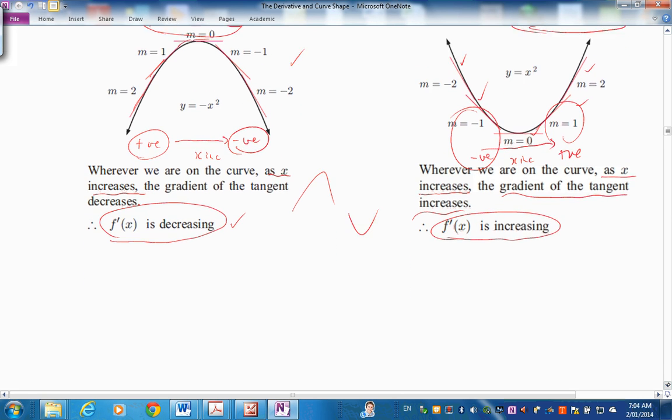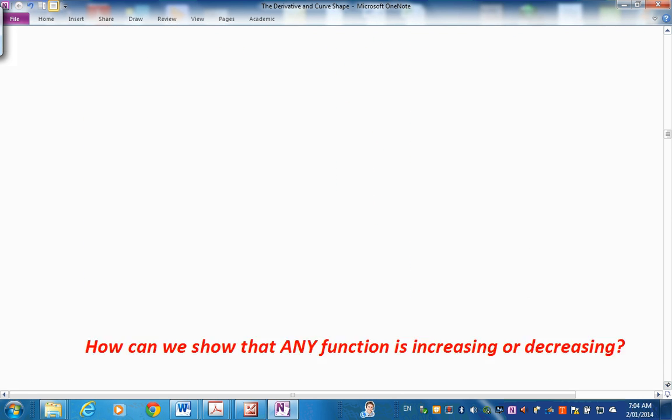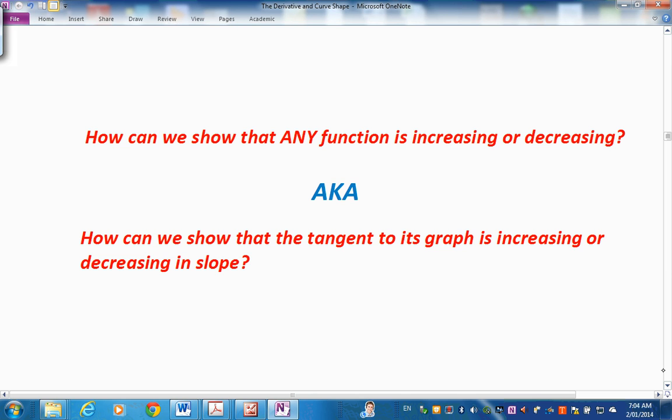So let's have a look now at that idea. How can we show that any function is increasing or decreasing? Because that's what we want to know. If it's decreasing, it's going to look like that. So that's the derivative. If it's increasing, it's going to look like that. How do you show that? Also known as, how can we show that the tangent is increasing or decreasing?